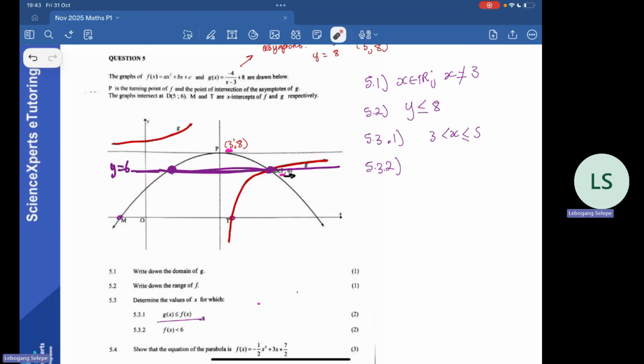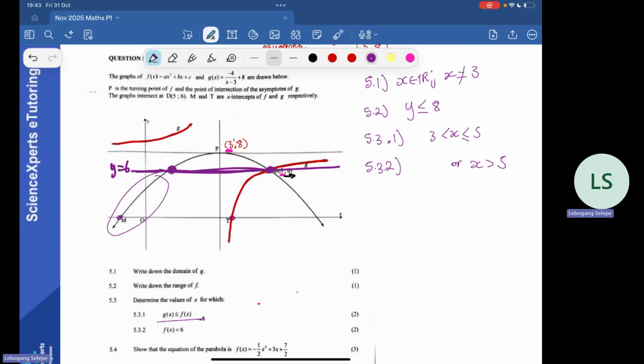So now how do I describe these x values that correspond to this part? These x values, you can see they would be bigger than 5. So one of my solutions is actually x is bigger than 5. That's one of my solutions. One of my solutions is this one.